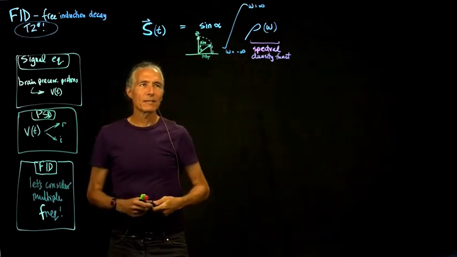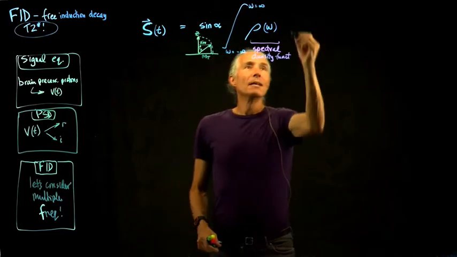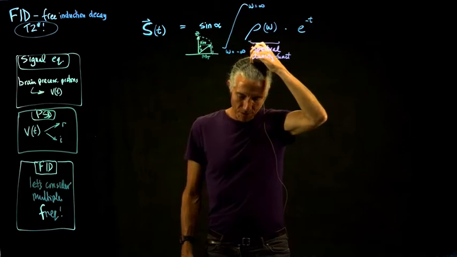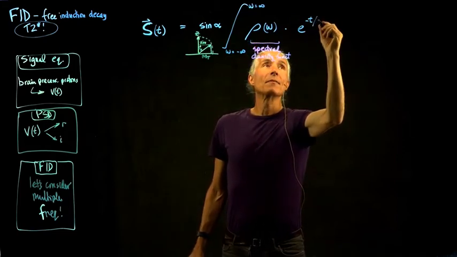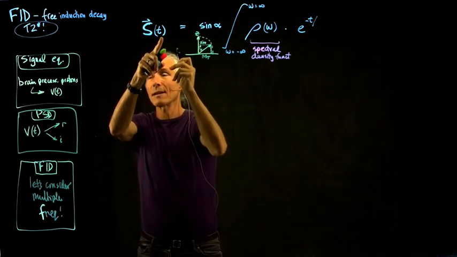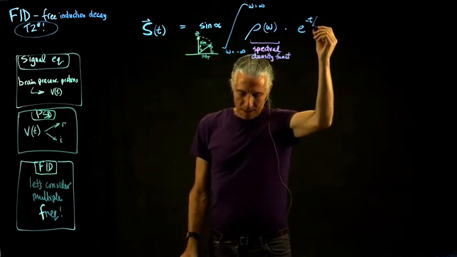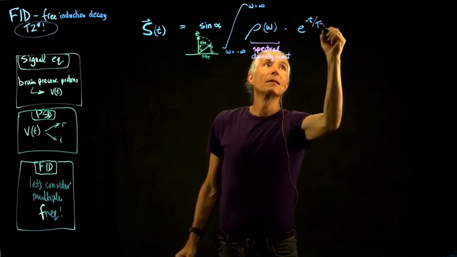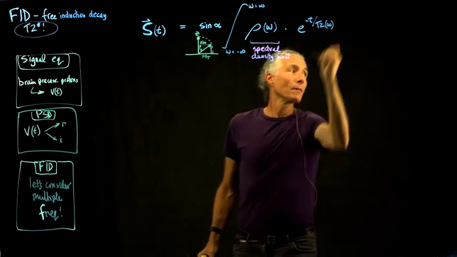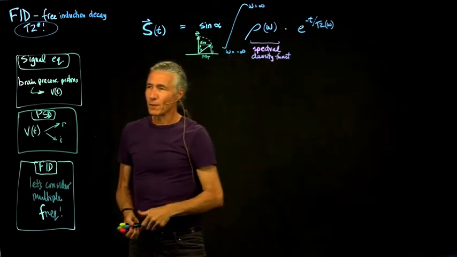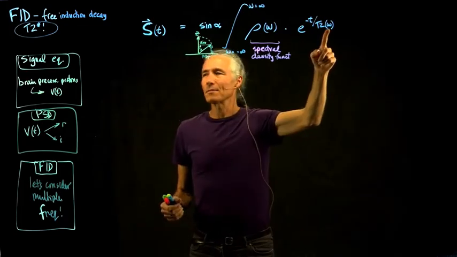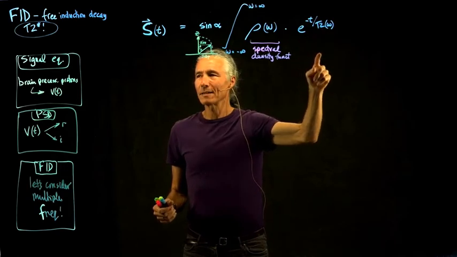Okay, so that's the spectral density function, and then that's multiplied by the T2 decay. The T2 decay is a function of time. It says how the signal changes across time. But we also have to consider that T2 itself is going to be a function of frequency, so there will be different decays for different frequencies. The T2 at each little spot in the brain is different.